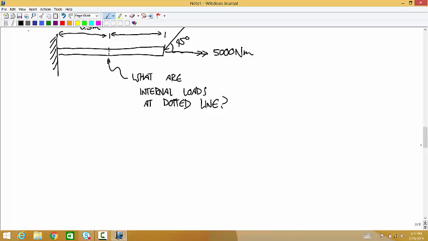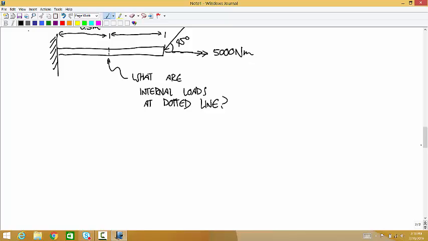Okay, so what we're going to do is we know that the beam over here makes a fixed joint with the wall. So it resists any kind of translation and any kind of rotation. And as our free body, instead of isolating the whole thing, which we're more used to, we're going to just isolate the half that ends right where we want to find those internal loads.